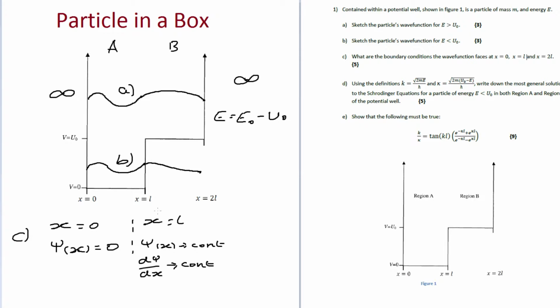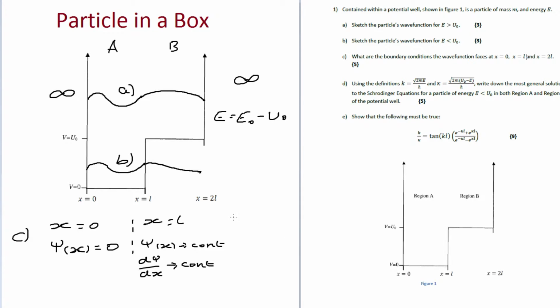Right? Because our d psi by dx tells us about how our wave function is changing, and a break in our d psi by dx means a sharp change in our wave function. So at a transition, at a step, the function itself is continuous and the derivative is continuous.